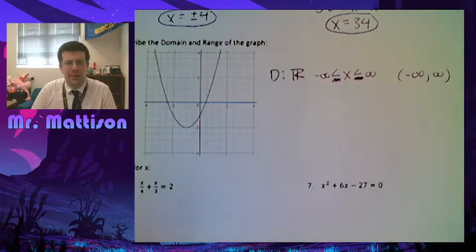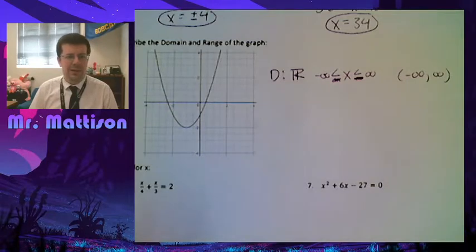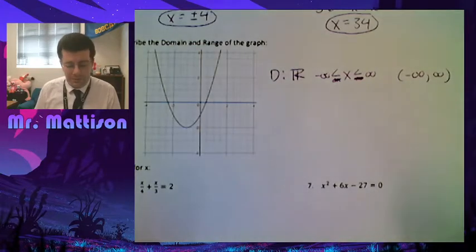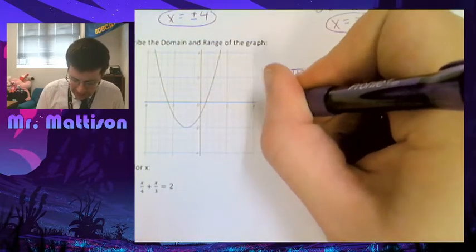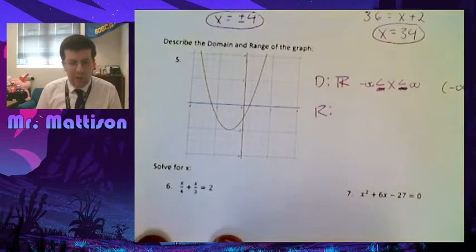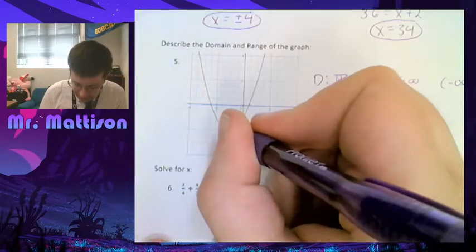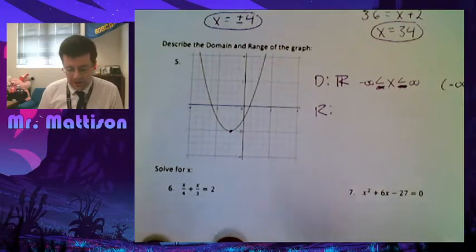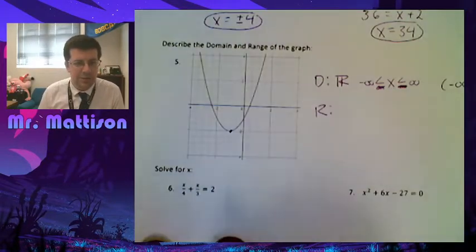Again, at this level for domain and range, all I care about is that you can convey to me what it is. I'm not going to be really picky about the format. Later on in the year, I'll try and get you more and more used to this format here, though. Then range. Looking at this range, the lowest point that this graph ever gets to is right here. And that has a y value of negative 2. So this is negative 2 and larger is my range.